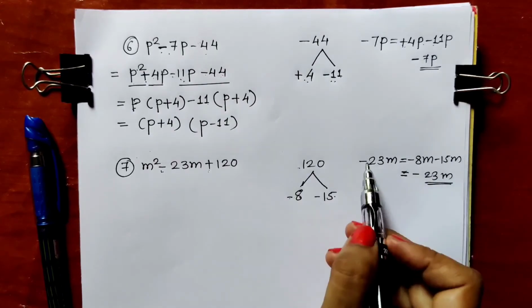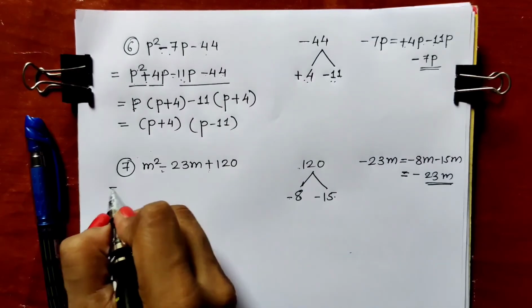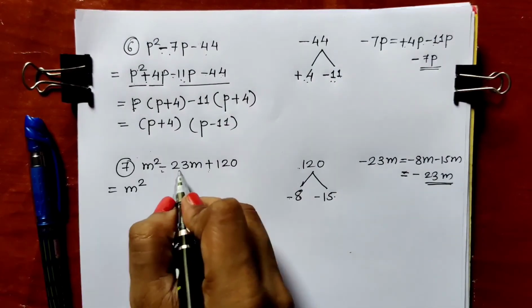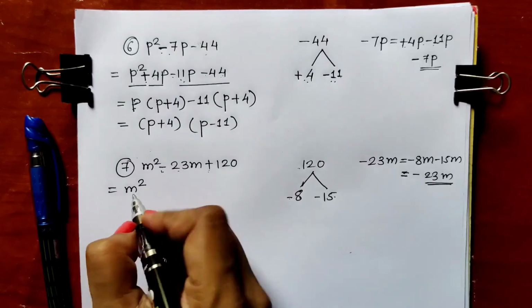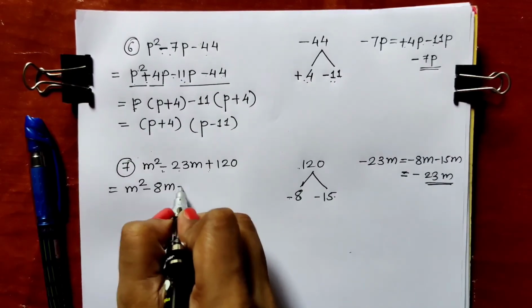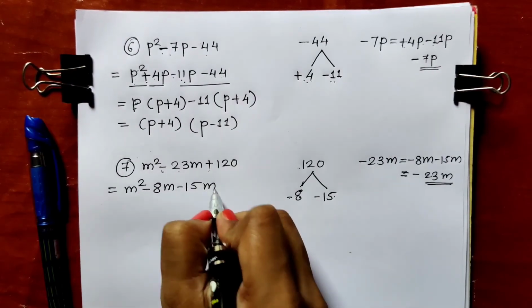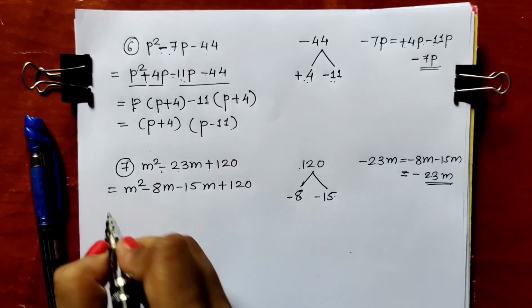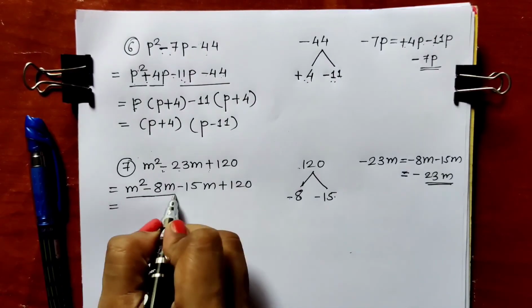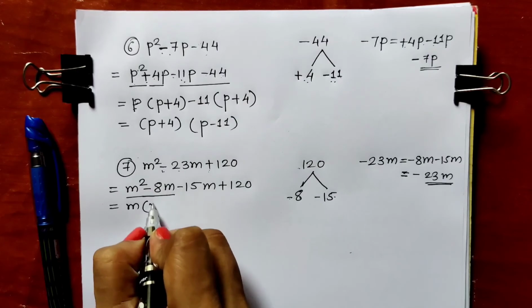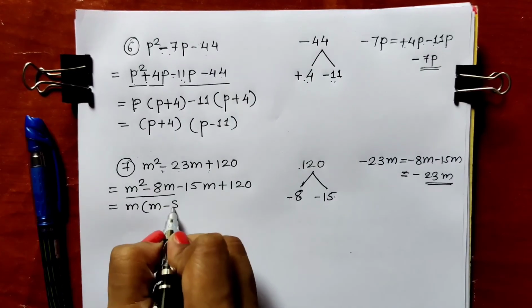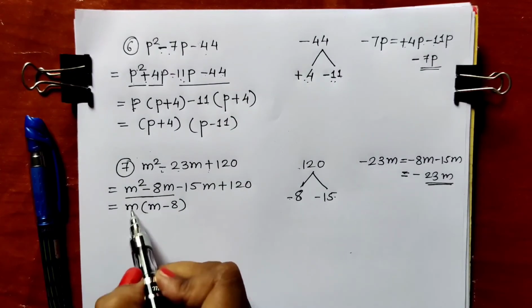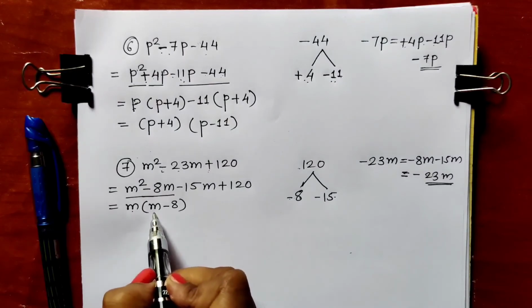In this way you can split the middle term. So the first term as it is, in place of the middle term we write these two terms, minus 8m minus 15m, plus 120. From the first and second terms, m is common. In the bracket m is remaining, minus 8 is remaining. From the first term m taken out common, 1m is remaining.